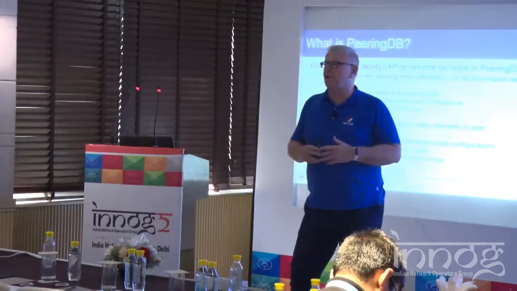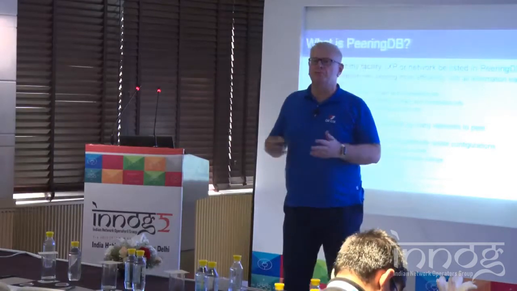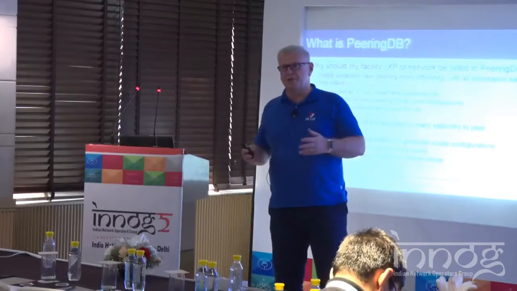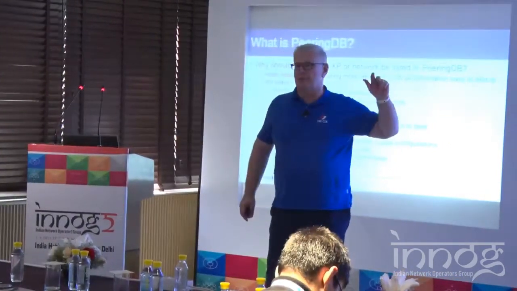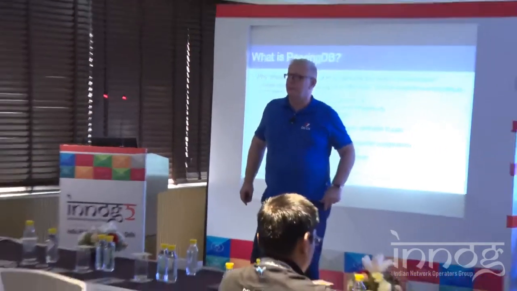And last but not least, as you already have heard, it makes sense to not always interconnect on a bilateral basis, but to use an Internet Exchange Point to interconnect via the common infrastructure. So these are the three components. We have networks, facilities, and Internet Exchange Points in PeeringDB.